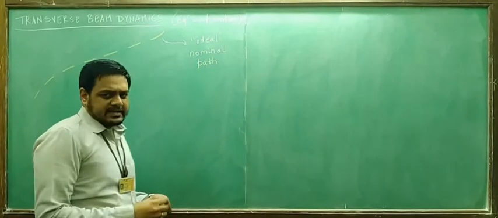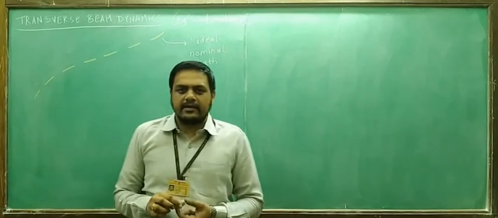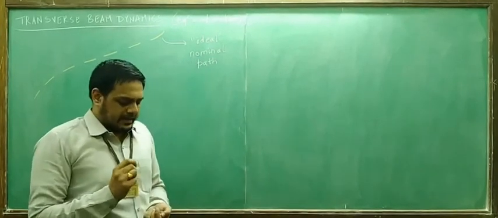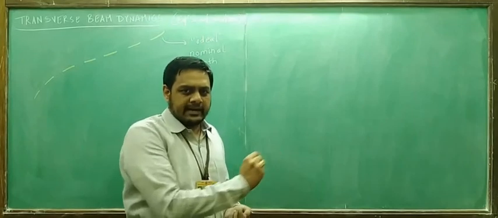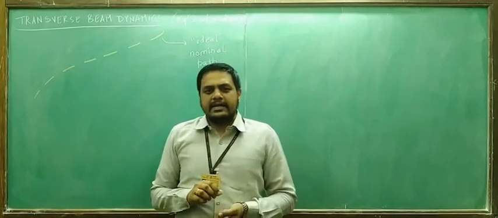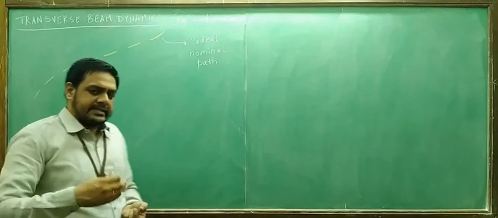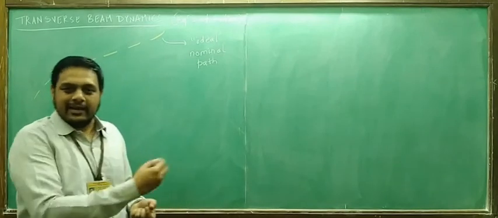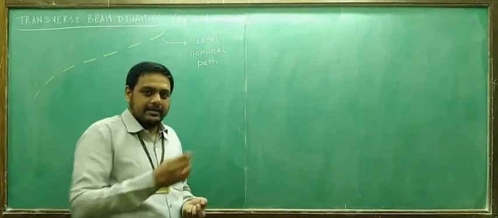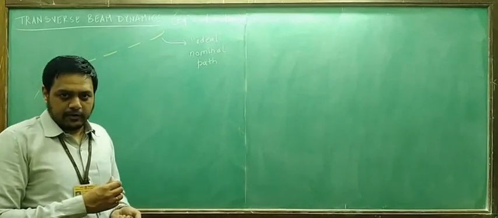So every accelerator, when you are designing an accelerator, your intention is that all particles should follow a certain track. The nominal trajectory is like a railway track, which you have made inside the accelerator, imaginary railway track, built inside the accelerator, which the particle is supposed to follow.